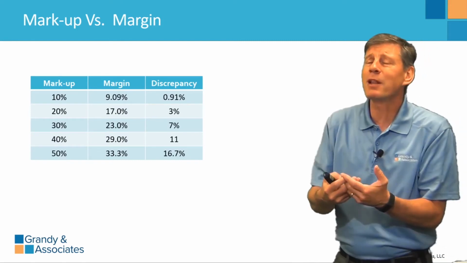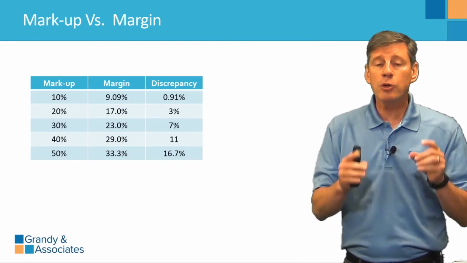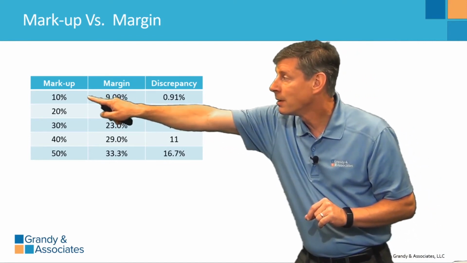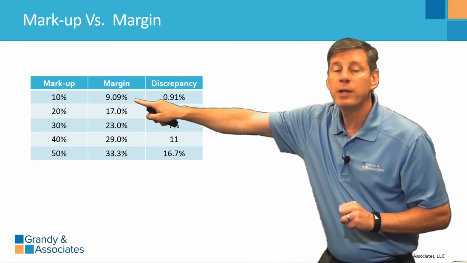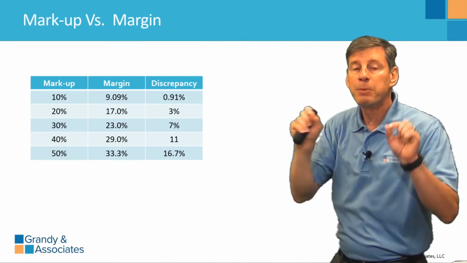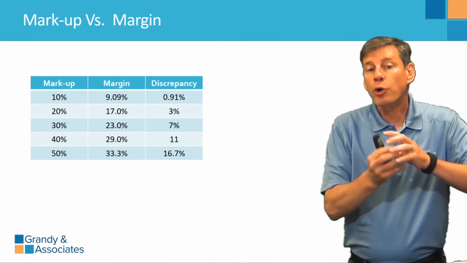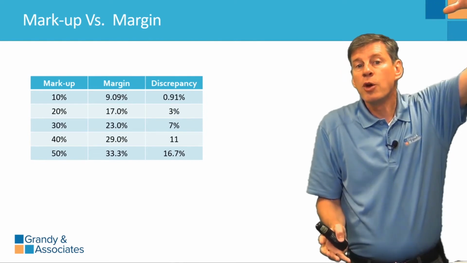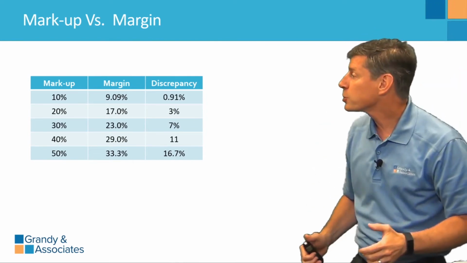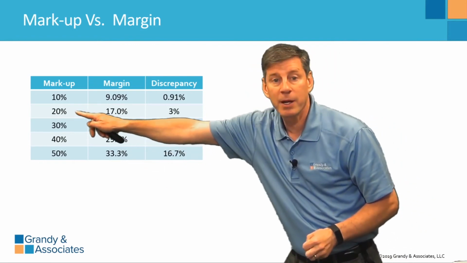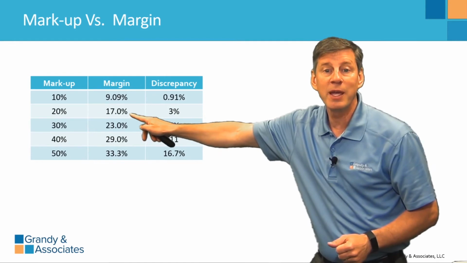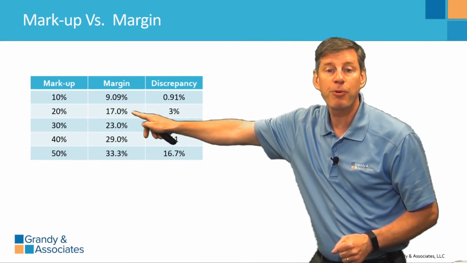Now, again, you can say, but Bill, it was less than 1%. You're right. At a 10% markup, we ended up with a 9.09% profit. So that was less than a 1% discrepancy. But here's the problem. The greater the markup that you use, the greater the discrepancy starts to be. If I were shooting for a 20% markup, in other words, cost times 1.2, that actually gives me a 17% gross profit.